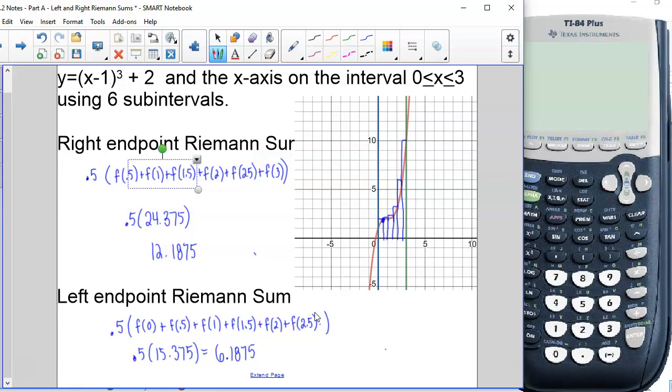So that should, in your mind, make your calculus mind be thinking just a little bit about the limit as the number of rectangles approaches infinity. So if we could do a Riemann sum where the number of rectangles approached infinity, then we could get the exact amount. So that's kind of what we're working towards.